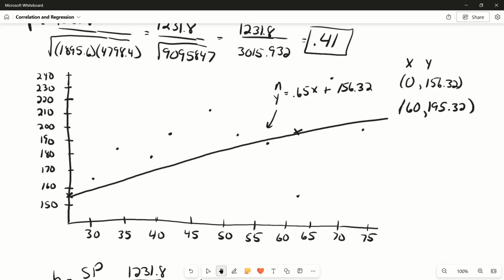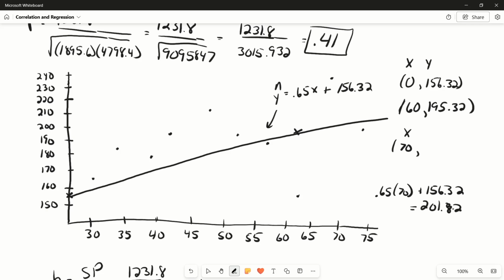Now, if I'm asked to predict cholesterol for someone who's 70 years old, so when X is 70, what is Y? So plug in 70 here: 0.65 times 70 plus 156.32. And when I solve that, I get 201.82.